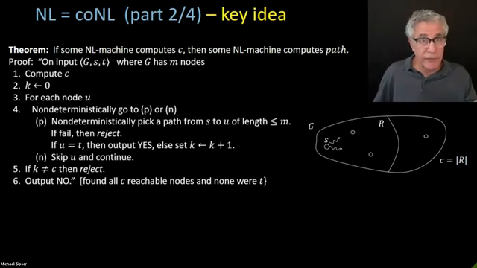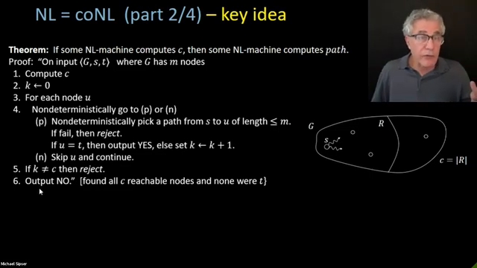You have convinced yourself that they're all reachable by guessing the paths to them. And you've checked that you have the right number of reachable nodes because it equals C. So you must have found them all. So you cannot have a contradictory answer, because either T was one of the ones you found, in which case you would have already said yes, or otherwise you found them all and T was not one of them. And so you're going to say no. Both things cannot happen.